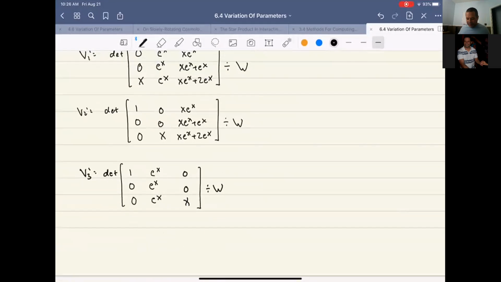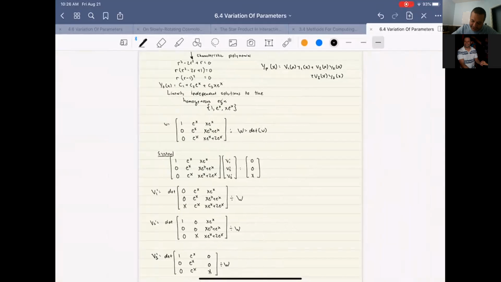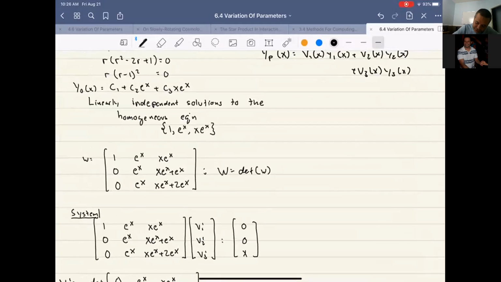Okay, so my total solution, let's write it down here somewhere. So my total solution is going to be, write it in blue, y of x equals C1 plus C2 e to the x plus C3 x e to the x.